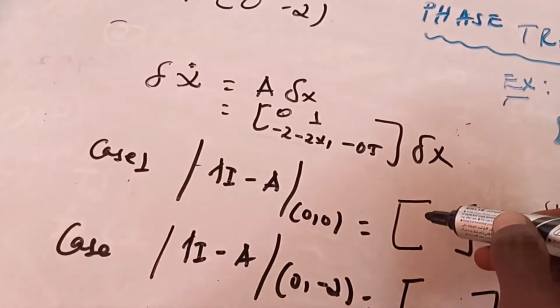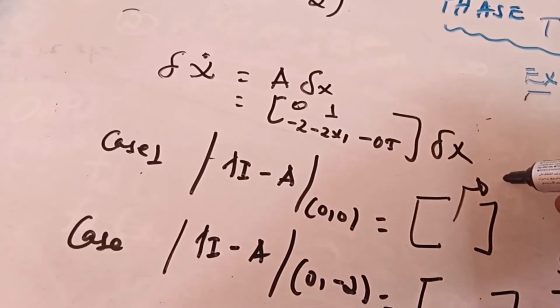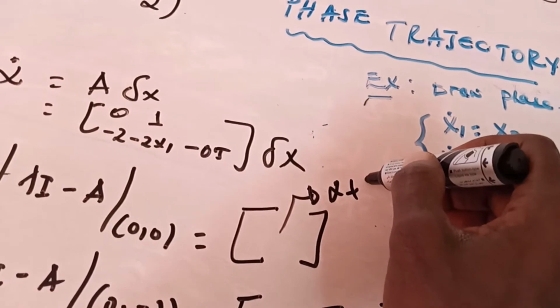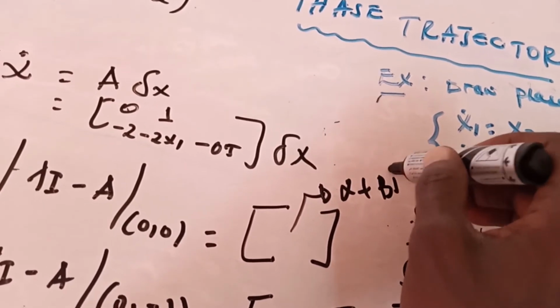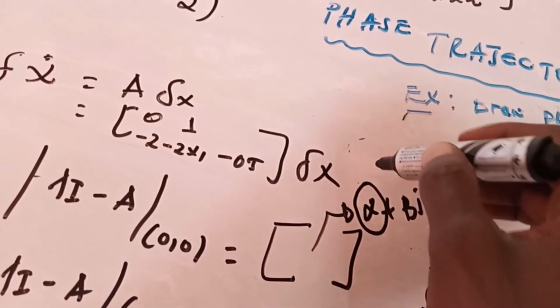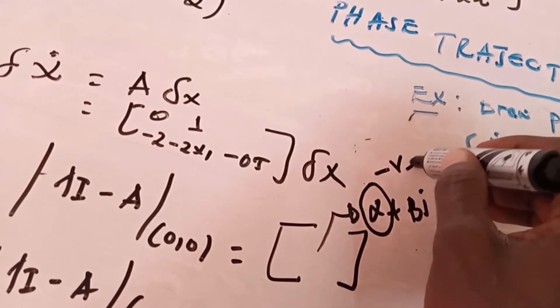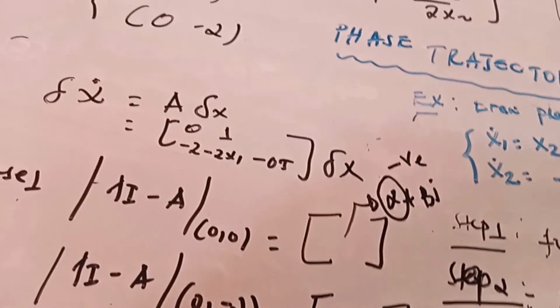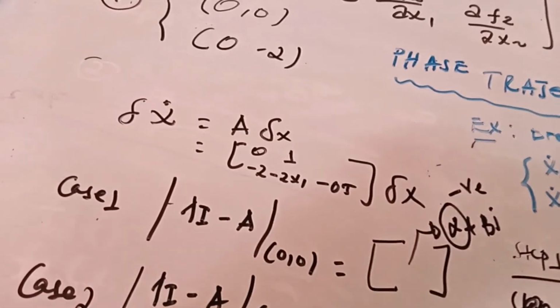For this case, our lambda 1 is alpha plus beta j, so this lambda 1 is in the negative region. If it is negative, the system is stable, which is case 2.